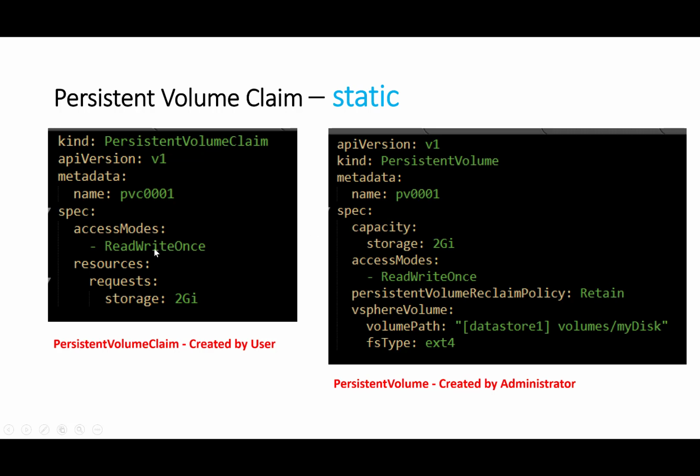So here is your persistent volume claim, and this is the persistent volume that is created by the administrator, and the provisioning that takes place is static. Now, the example, the Kubernetes persistence tutorial that we are talking about, does not use static provisioning. It uses what is called dynamic provisioning, and we'll talk about it soon.